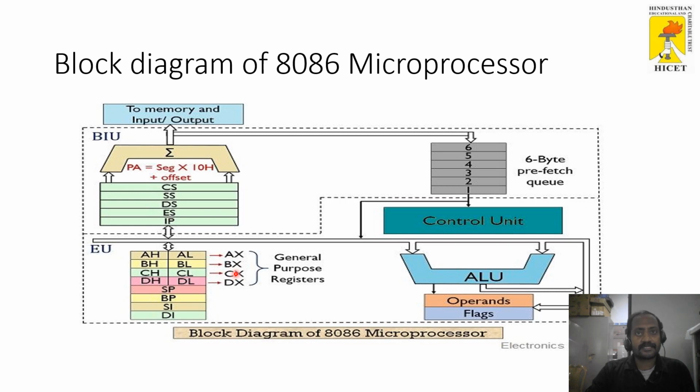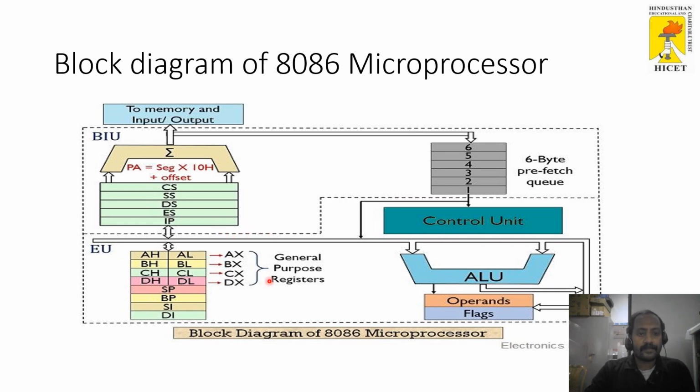CX, referred to as the counter, is used in loop instructions to store the loop counter. And the DX register is used to hold input output addresses and for input output instructions.